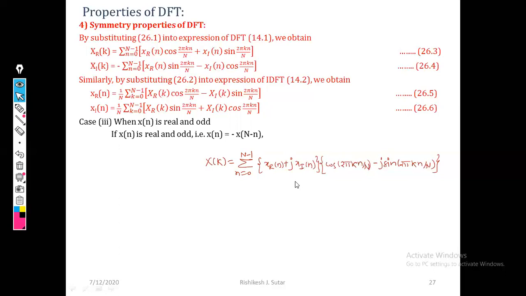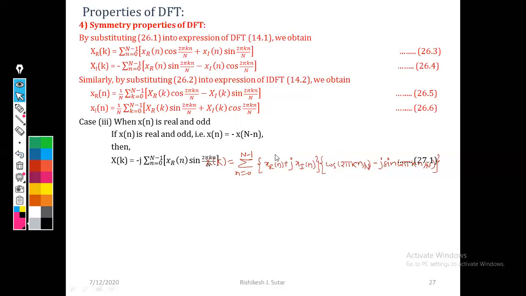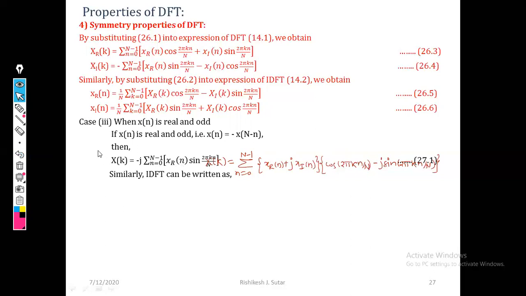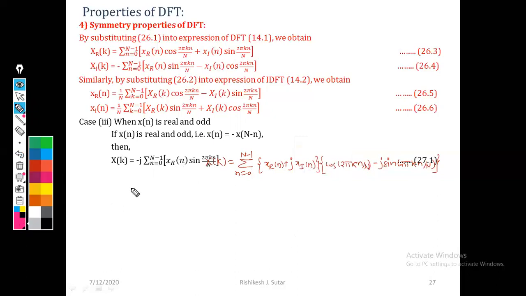If I want it to be real and odd, what I should have is x r of n into sine, because what I want is the real and odd nature.